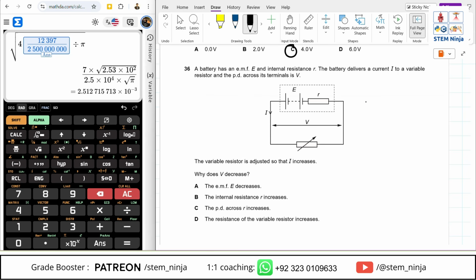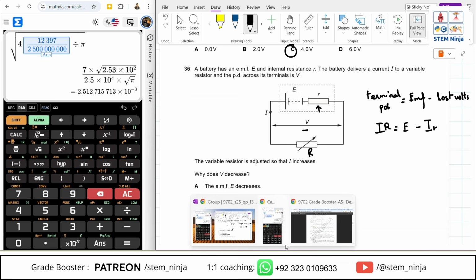Okay, so V is basically the terminal potential difference. So terminal PD is equal to the EMF minus the lost volts. So I times, let's call it capital R, is equal to E minus I times small r, because of the internal resistance.